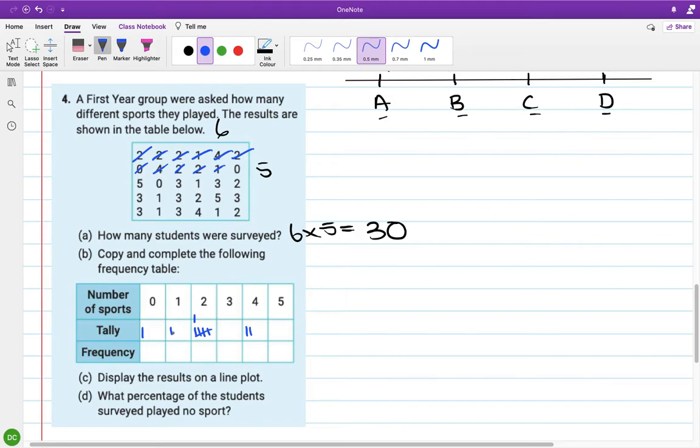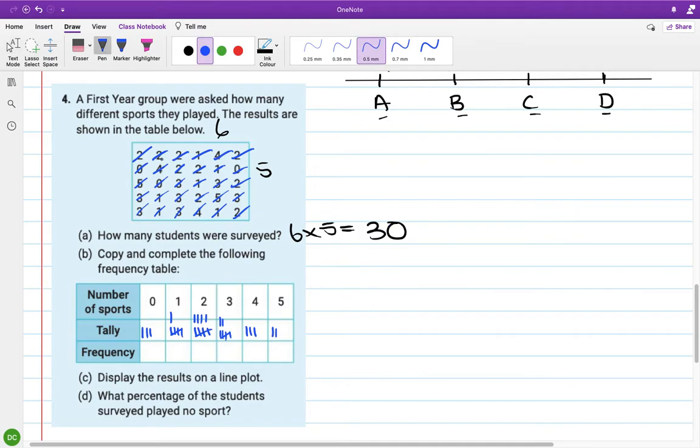A 1, 0, a 5, a 0, 3, 1, 3, 2, 3, 1, 3, 2, 5, 3, 3, 1, 3, 4, 1, 2.